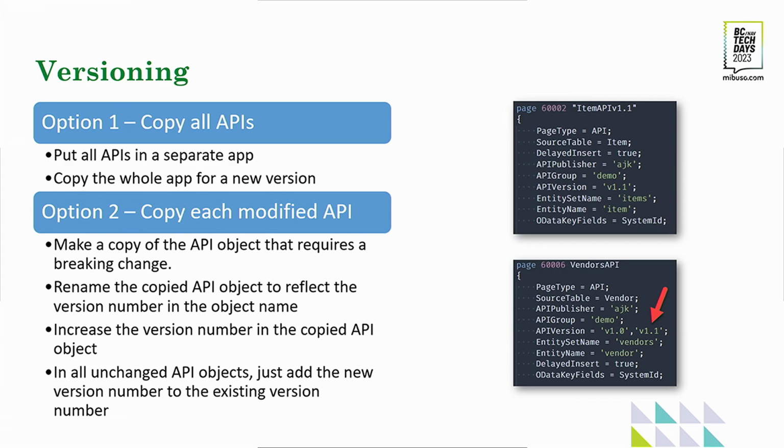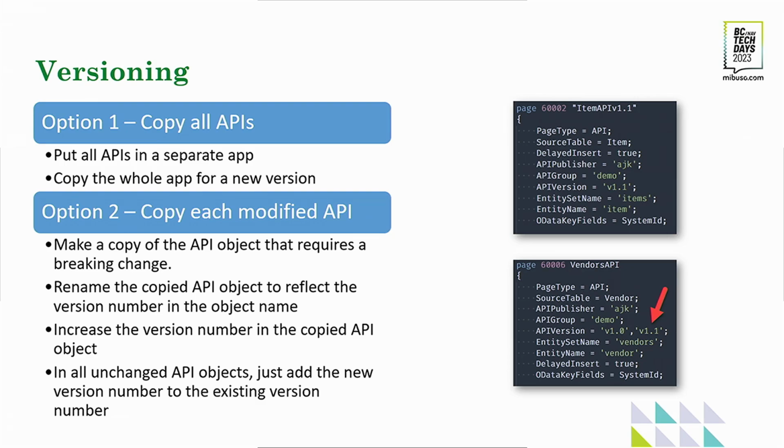Then a small tip about versioning. If you follow Microsoft's way of doing versioning, you just put all your APIs in a separate app, and then when you have a new version of your APIs, you create a new version of that app and change the API version in all individual files.